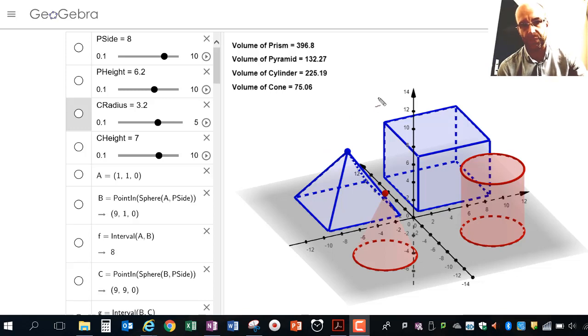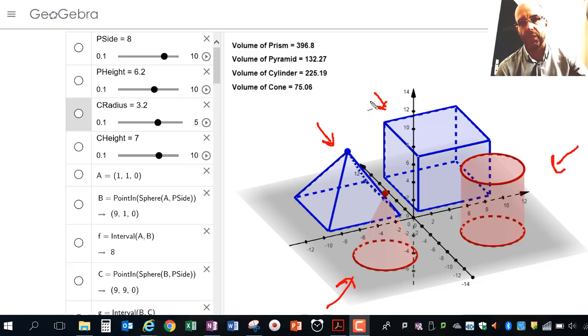We have a rectangular prism there, and a pyramid there. Now the height slider bars mean that the shapes are the same height at all times. And the same goes with these red shapes, cylinder and cone.